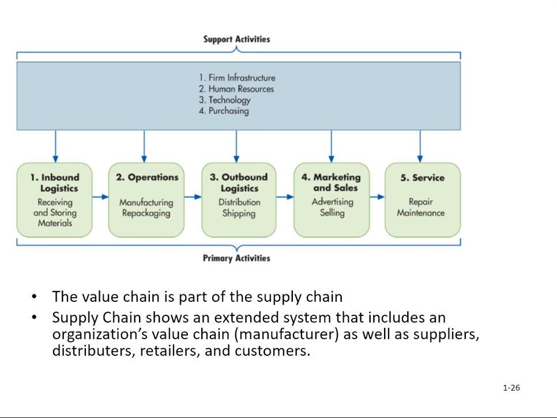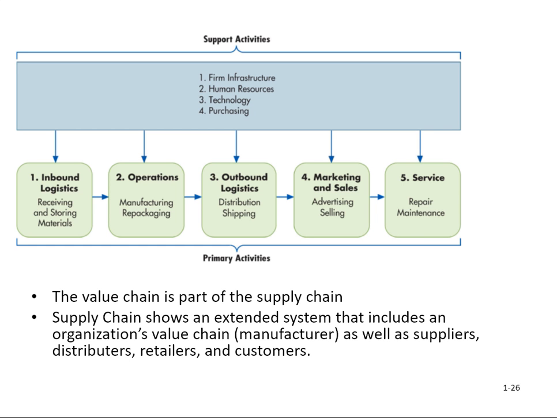This graph illustrates the primary activities and the support activities. Primary activities include inbound logistics, operations, outbound logistics, marketing and sales, and services. The support activities include firm infrastructure, human resources, technology, and purchasing. So this is a value chain.